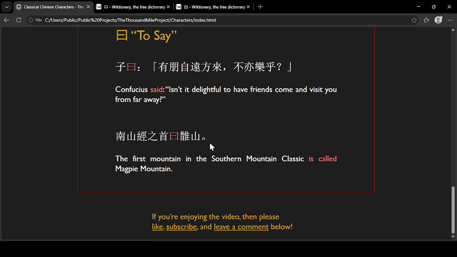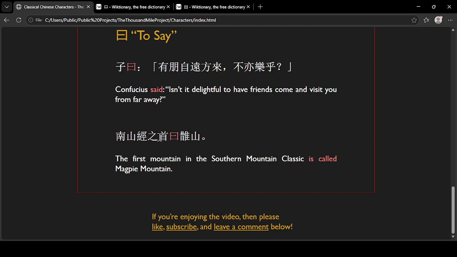But another more unusual use of the character is one that you see in the Classic of Mountains and Seas. This is the first line in that particular text, and it's South Mountain Classic. This is a grammatical character which indicates that what precedes it modifies what follows it.